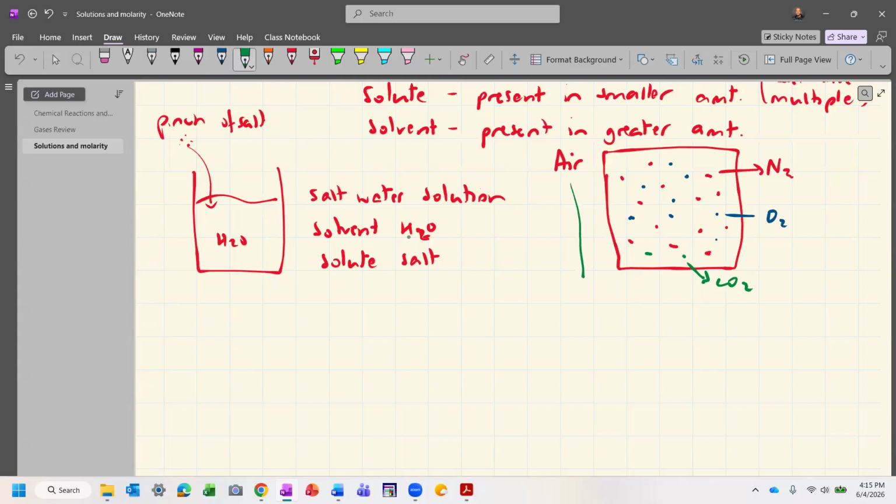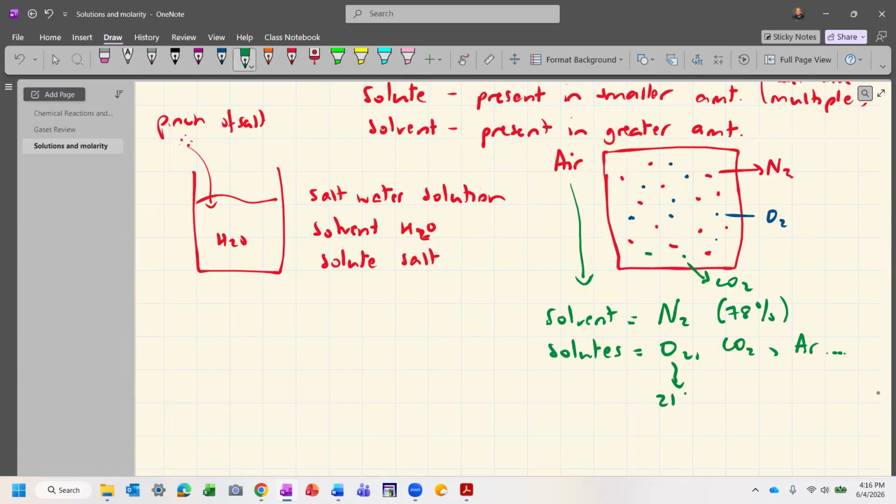So in the case of air, the solvent, present in greatest amount in the air, is nitrogen gas. And then for the solute, now we're going to have multiple solutes. We have things like oxygen, we have carbon dioxide, we have other things like argon, etc. Small amounts of those things. The solvent N2 makes up about 78% of the air that you're breathing in, right?